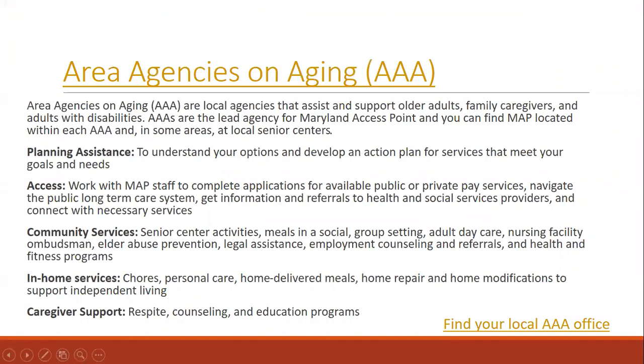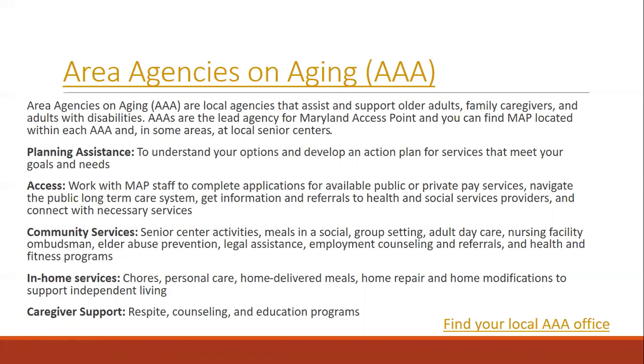Okie doke. The area agencies on aging, the AAAs, are local agencies that assist and support older adults, family caregivers, and adults with disabilities. The AAAs are the lead agency for Maryland Access Point, and you can find MAP located within each AAA and in some areas at local senior centers.